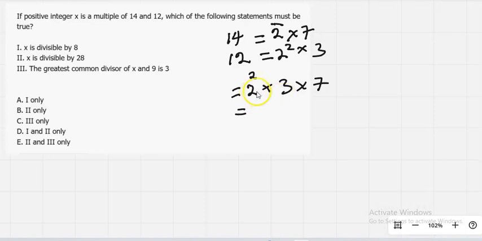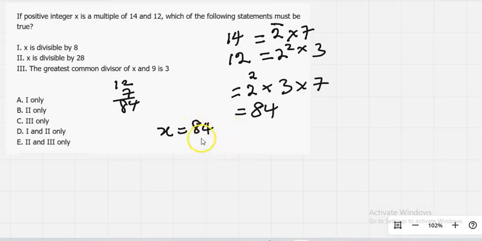Our LCM becomes 4 times 3 times 7, which is 84. Now, what does this tell us? It doesn't mean x is 84. This means x is a multiple of 84.